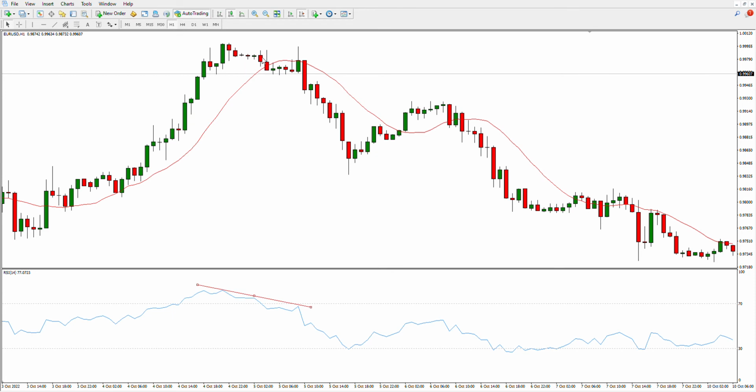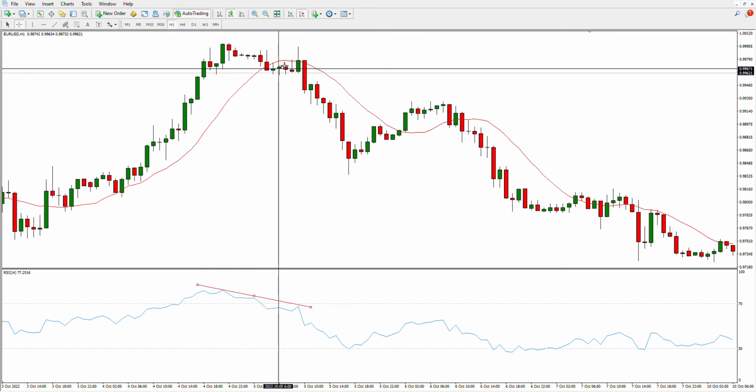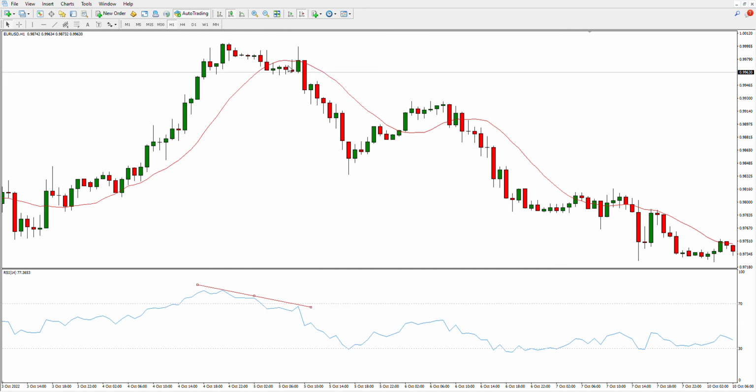Unless you didn't enter and you waited for price to cross the other side of the moving average, which is triple confirmation along with the extreme RSI and the divergence, that is probably a solid sell setup. Not to mention these candlestick patterns here that are showing the buyers are fighting, they're losing out, and eventually the sellers win. That big candle there. Okay.